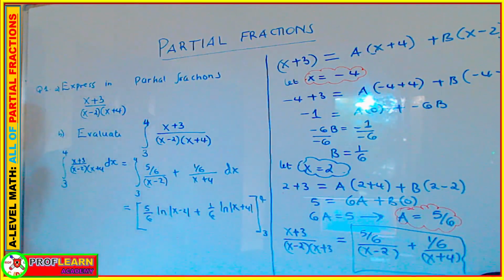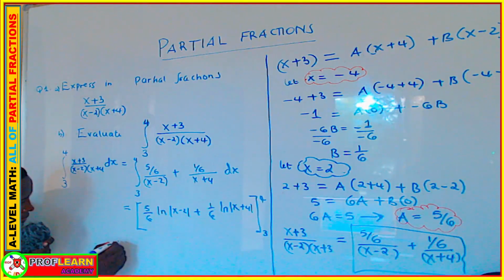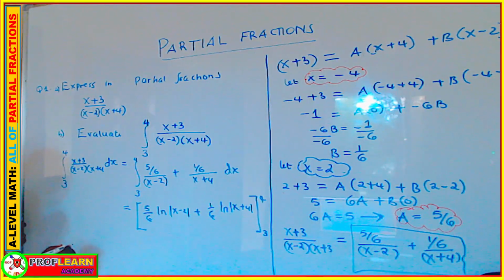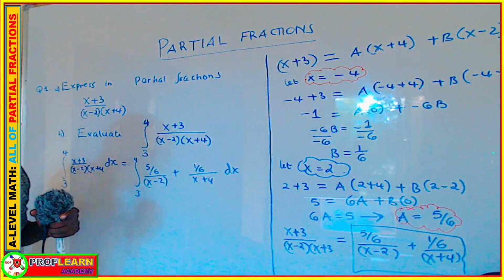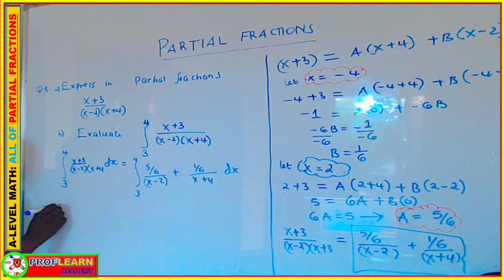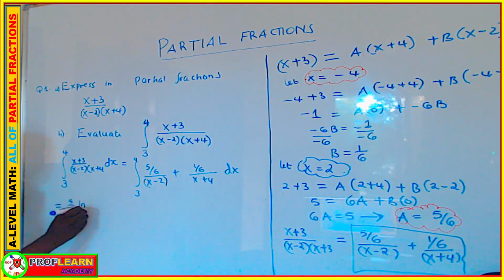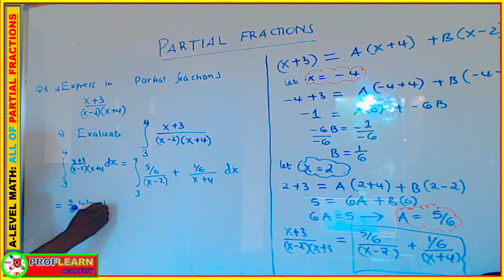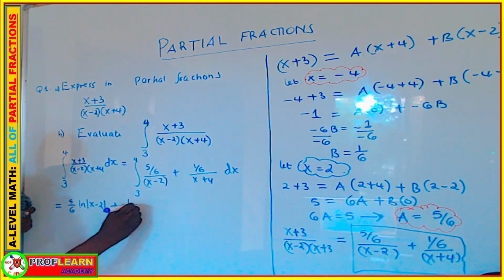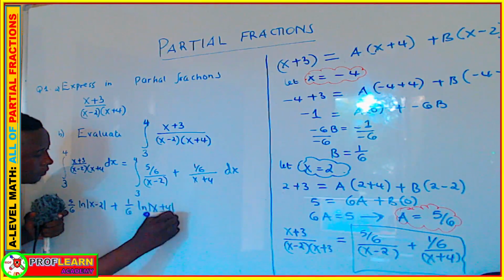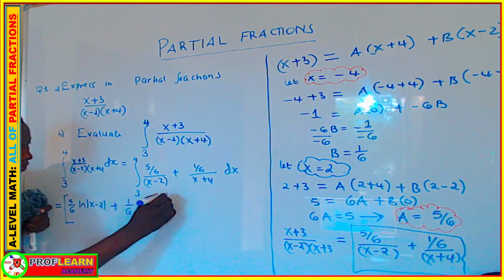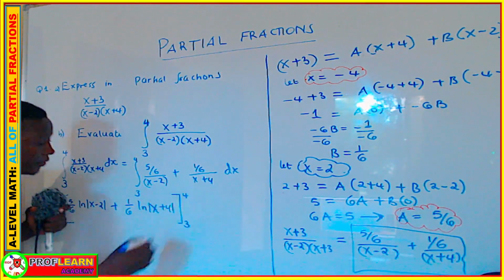So upon substituting this into our formula, our expression now becomes 5/6 ln (x minus 2) plus 1/6 ln (x plus 4), with limits 3 to 4.